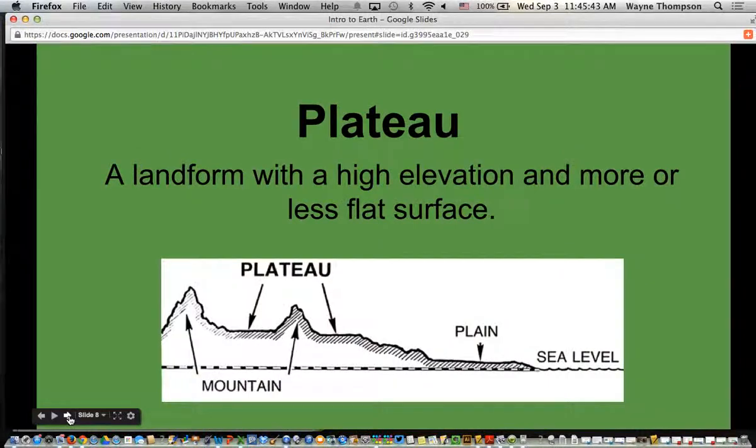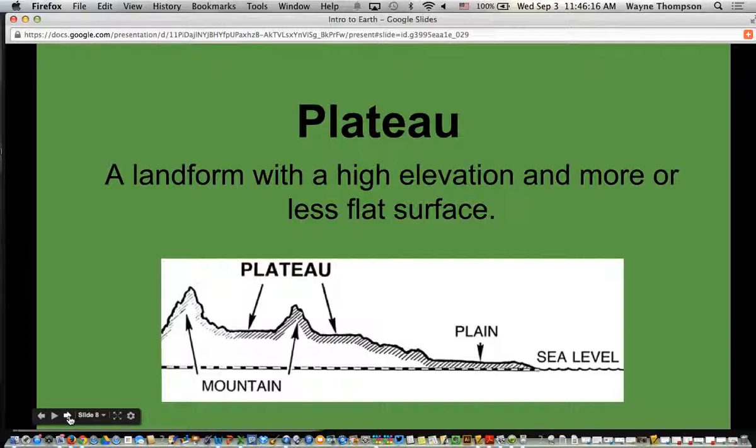And lastly, a plateau. A plateau is a landform with a high elevation and a more or less flat surface. So a plateau is kind of like a mountain with a flat top. Here you can see that this plateau has a flat area bordered by 2 mountains with a plain down below.